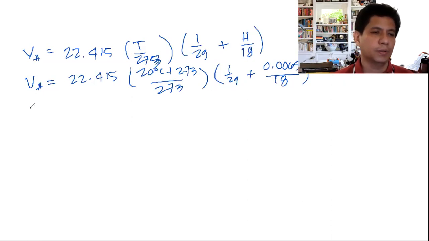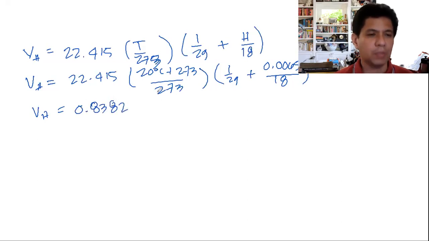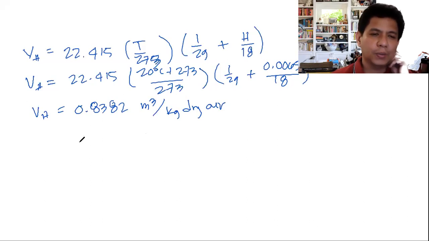Okay, so when you solve this using a calculator, the humid volume would be equal to 0.8382 cubic meter per kilogram dry air. Okay. So the next step is we need to find the kilogram dry air per second or per hour. Ano?